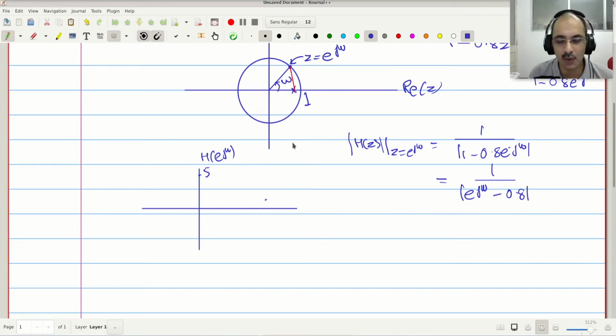Now in between, all you need to do is measure this distance, this distance, this distance, keep measuring those distances, take the reciprocal and plot it, which is how you will get the response. So I'll say this is minus pi, this is pi, and the magnitude response is going to be something like this. Okay, that was very badly drawn.